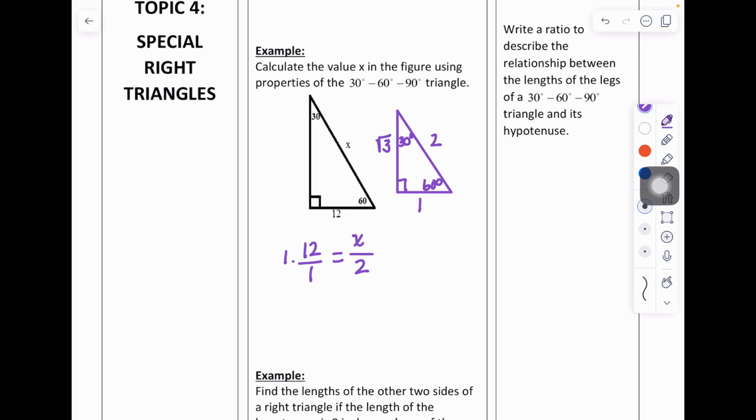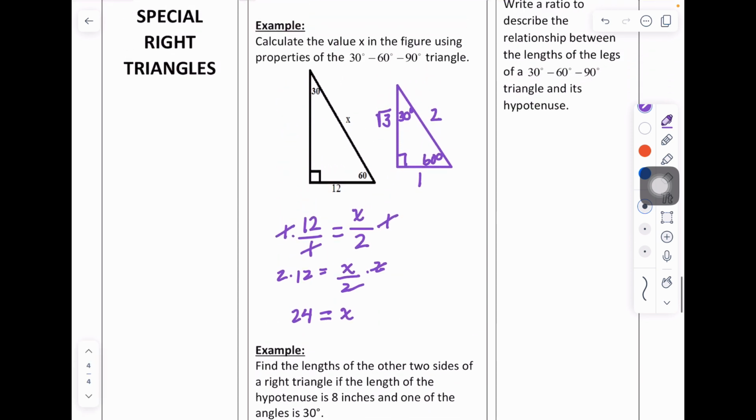So I'm going to multiply by 1 on each triangle, or excuse me, ratio. And then I'm going to multiply by 2. I didn't have length measurements of feet, inches, or centimeters, so I'm just going to say x is 24. And that's how you would find that length.